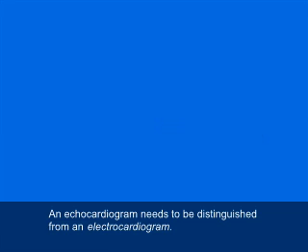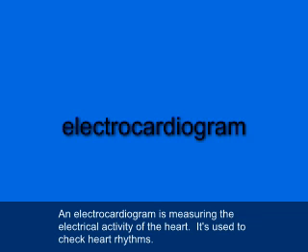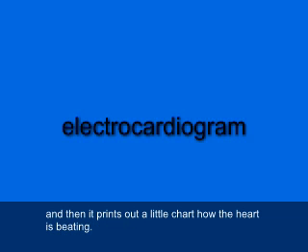And an echocardiogram needs to be distinguished from an electrocardiogram. An electrocardiogram is measuring the electrical activity of the heart. It's used to check heart rhythms. And that's where they put the little electrode patches all over your chest, and then the wires run to a machine, and then it prints out a little chart of how the heart is beating.